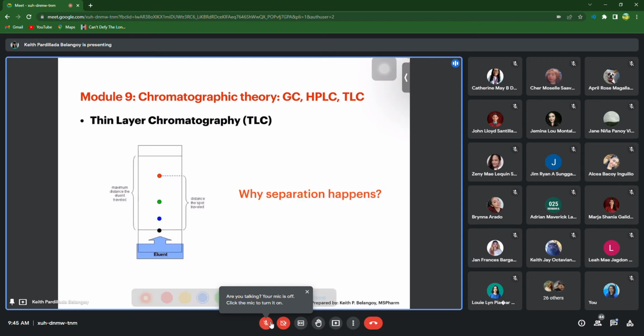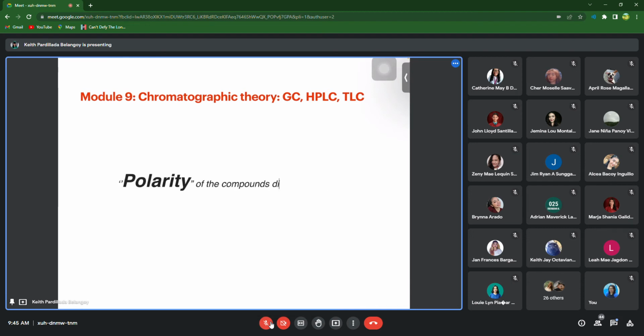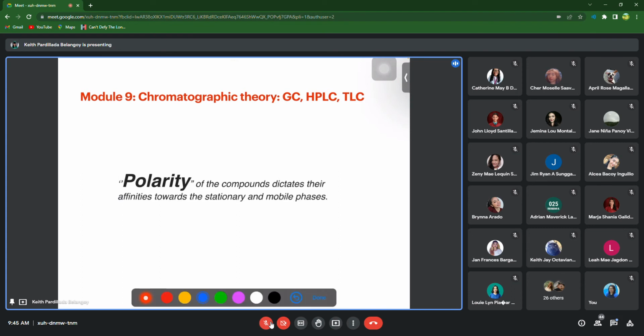So why does separation happen? Aside from the solubility and their affinities, the most important answer for this class is that we go back to polarity. As mentioned earlier, the difference in polarity allows the separation.